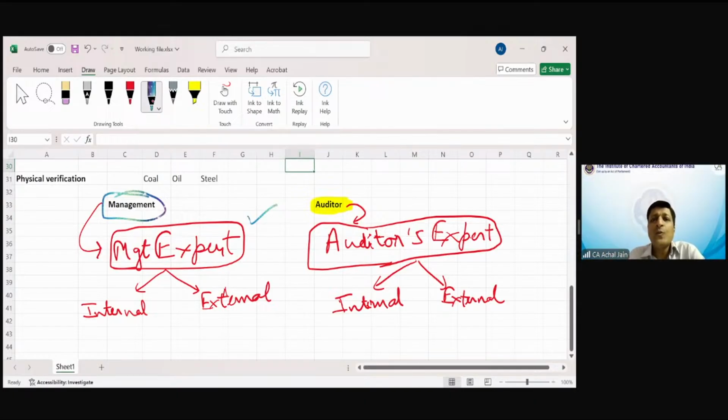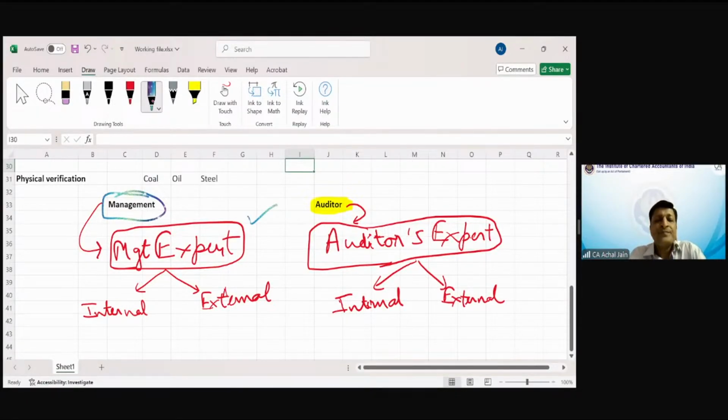Even if he tries, he may not be able to do that with the right set of questions that can lead to the overall objectives as far as this physical verification is concerned. So in such a case, the auditor will have to evaluate the involvement of an expert by the auditor.